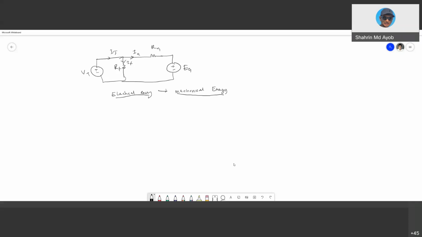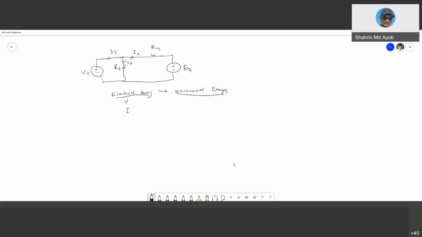The important parameters inside the electrical are the voltage, right? Voltage and, yes, current.